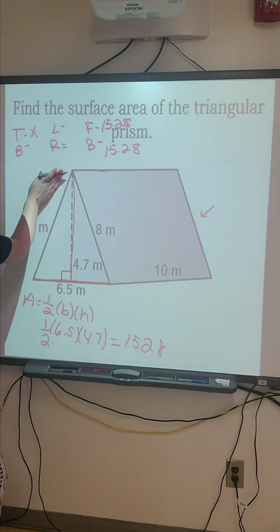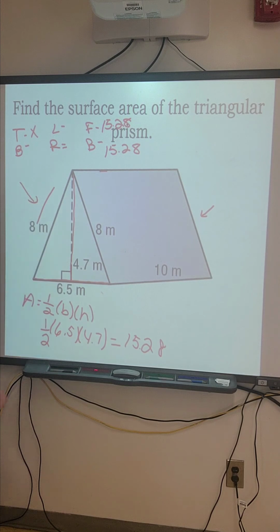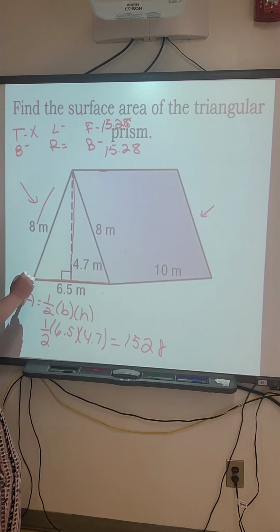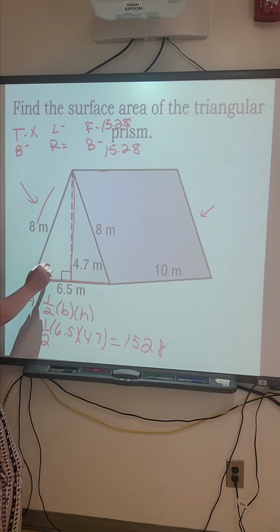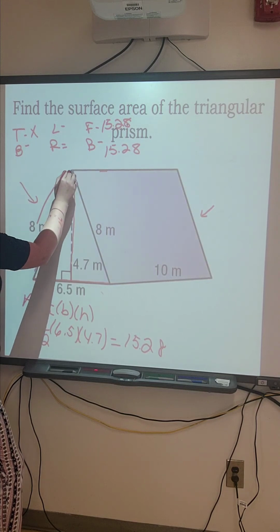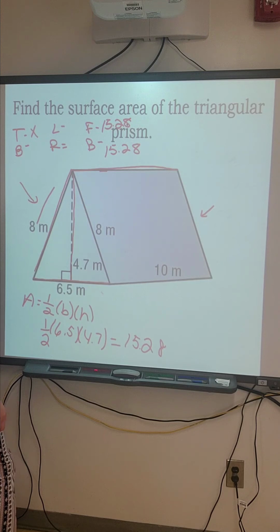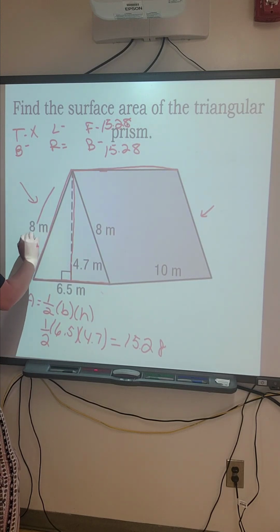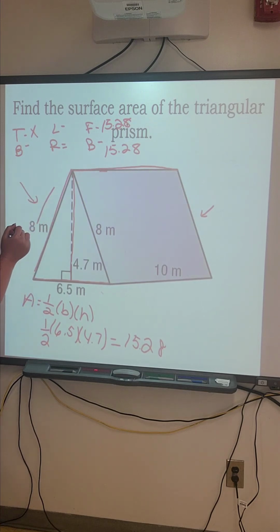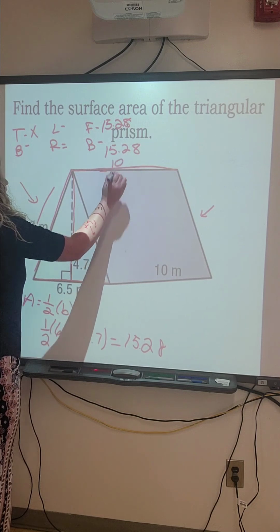All right, now let's find the left side. Our left side is back here behind. So this side right here is going to be 8, and then our top up here is going to be 10.